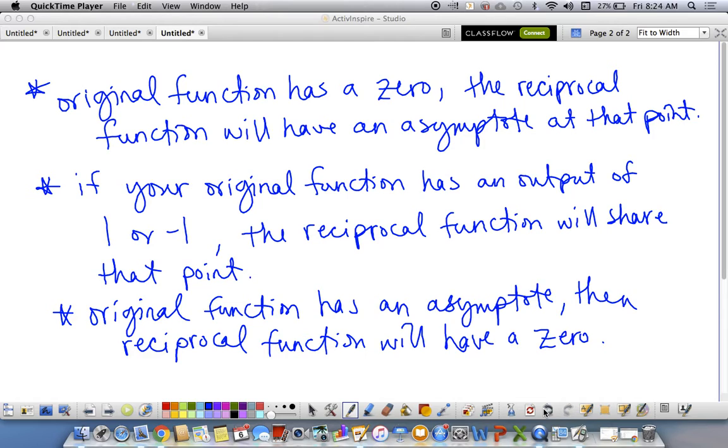So these are good rules to know. And it's convenient when we have trig functions and we know they're reciprocals. They actually have functions. They are functions. But when I just give you a regular function, you know, a cubic function or a quadratic or something like that, it has a reciprocal, and you can graph it pretty quickly if you have the original graph.